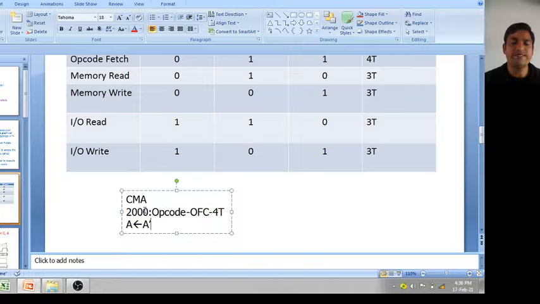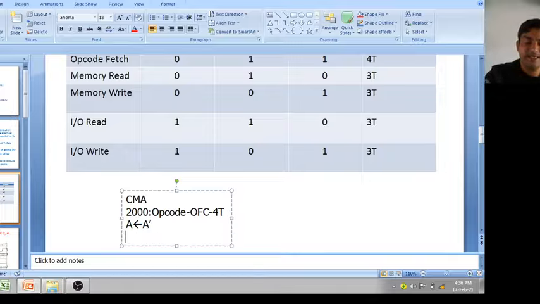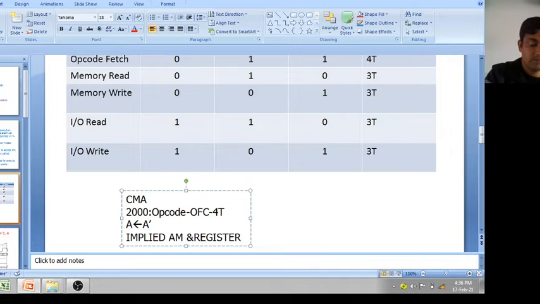So you can see that in case of implied addressing mode and register addressing mode, only 4 T states are required.